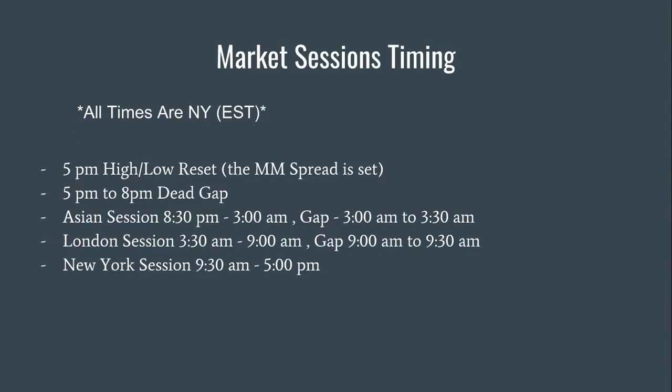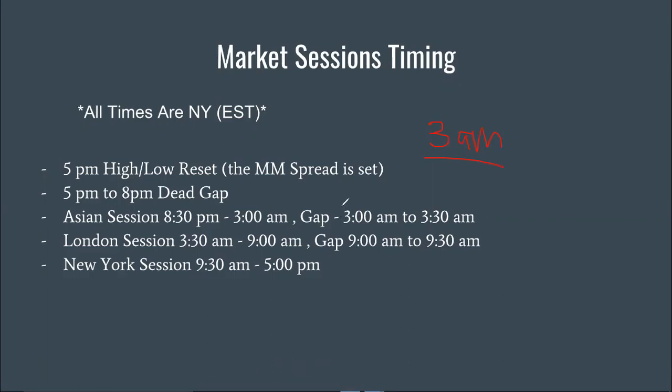Most of your trades should be taken around the beginning of London session and at the latest around 11 a.m. New York time, okay? So let me make that a little bit easier to see. You should be looking to take trades around 3 a.m., which is gap time.